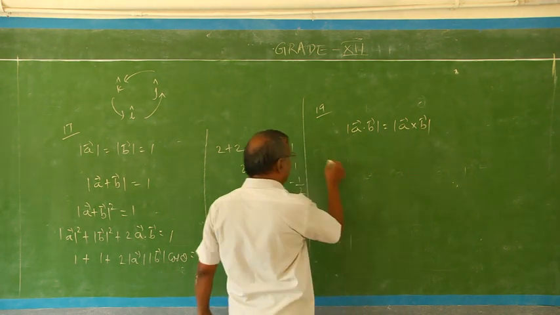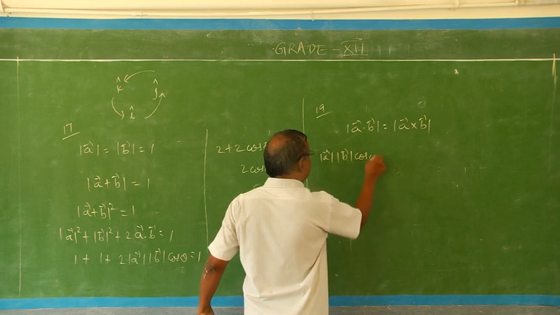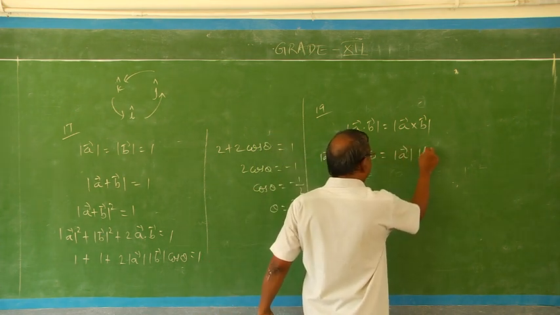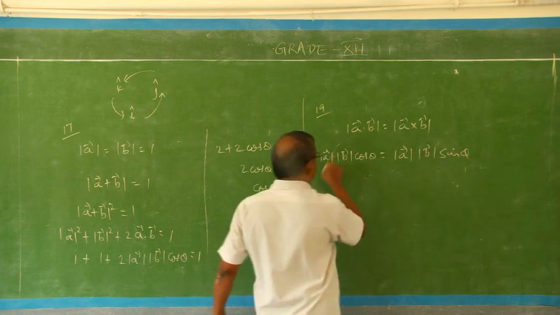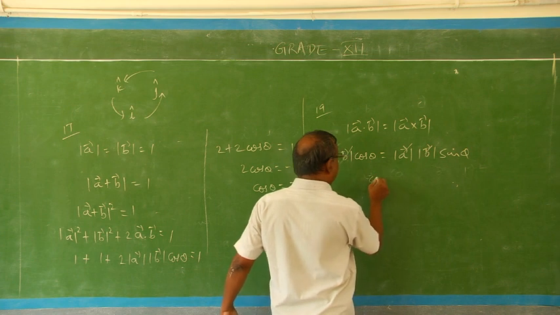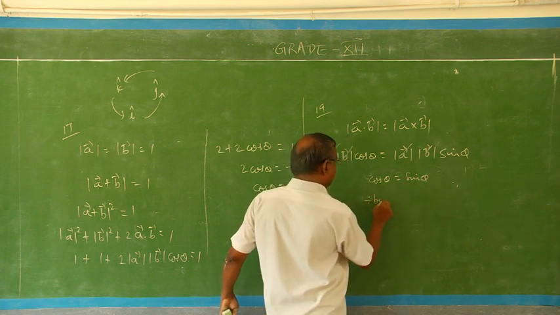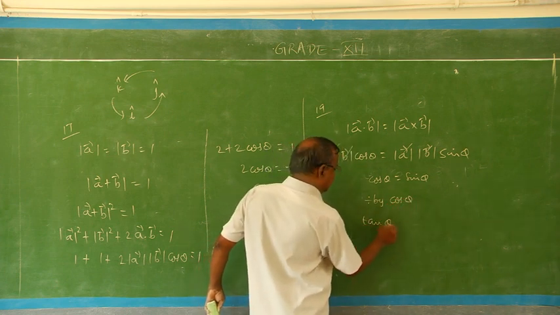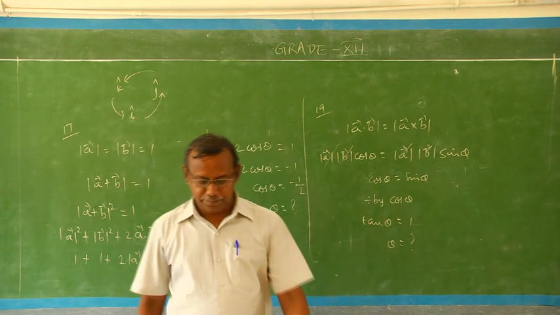Modulus of a dot b means modulus of a vector into modulus of b vector into cos theta. And modulus of a cross b means modulus of a vector into modulus of b vector into sin theta. Now dividing both sides by cos theta, sin theta by cos theta, so tan theta equal to 1. And what is theta? Write the value.